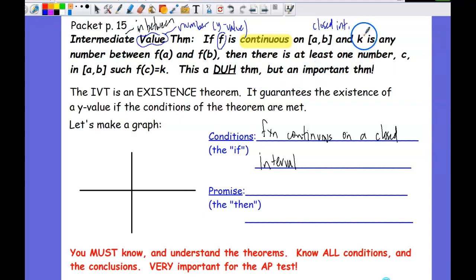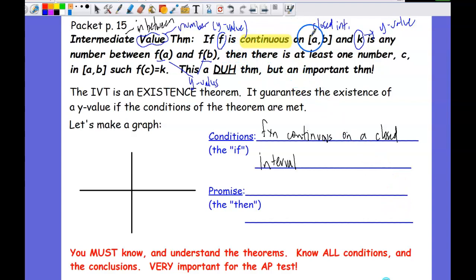And k, so here's k, is any number between f of a and f of b. Now, if it's a function value, f of a and f of b are certainly going to be y values. And I told you that this is a y value theorem. Therefore, when I go backwards, that means that k is also a y value.